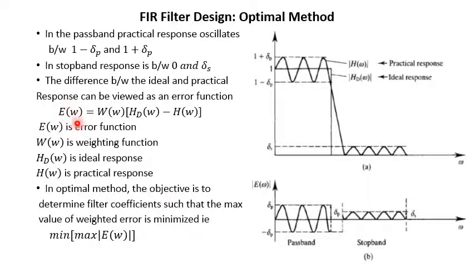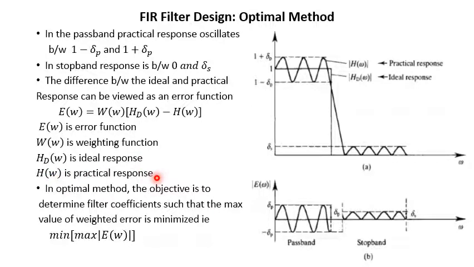Error is a function of W, or the frequency variable, and this is equal to capital W of W times the ideal frequency response minus the practical frequency response. So I think you can easily spot that E of W is the error function, W of W is a weighting function, HD of W is the ideal response, whereas H of W is the practical response.